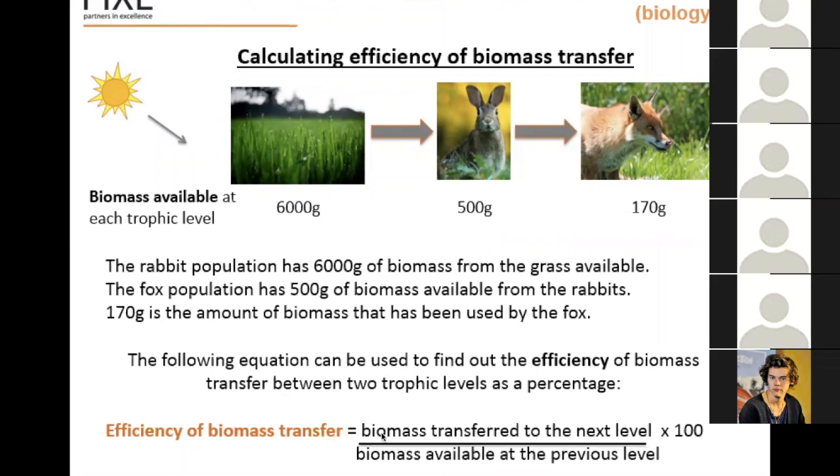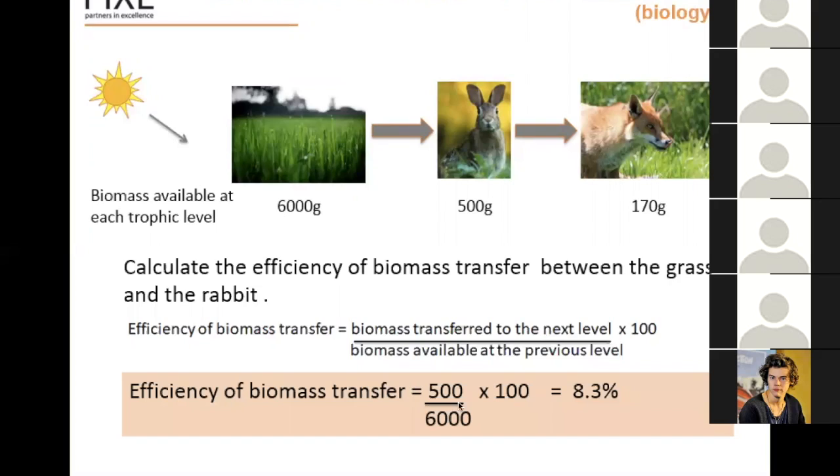Efficiency of biomass transfer equals biomass transferred to the next level divided by biomass available at the previous level, times 100. I've done a calculation there. Between the grass and rabbit, you've got an 8.3% efficiency going on.